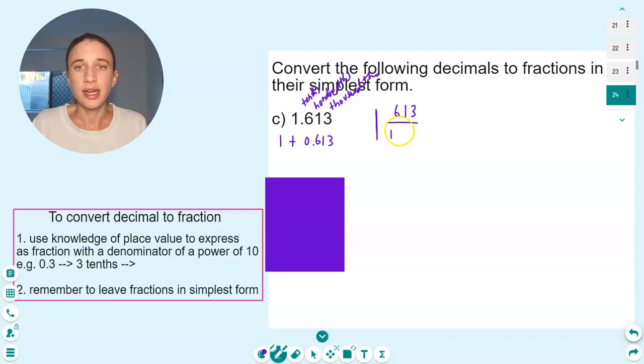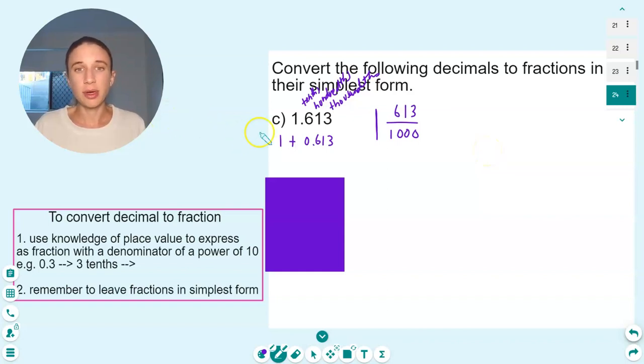You could write it like that. 613 looks like a weird number, so I am going to say that fraction is in simplest form. It doesn't look like they have any common factors, since 613 ends in 3 and 1000 ends in 0. So that is it. We are done.